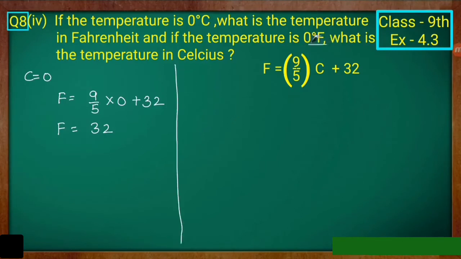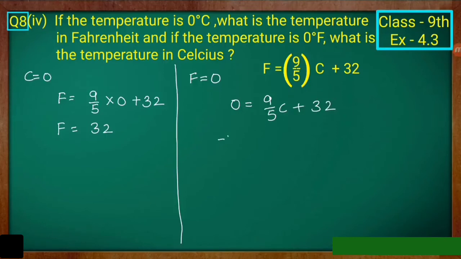Second is, when Fahrenheit is 0. F equal to 0 is given to us. We have to find the Celsius. 0 equal to 9/5 C plus 32. Now we will take the 32 on the left side. When we move 32 to the left side, its sign will be changed.